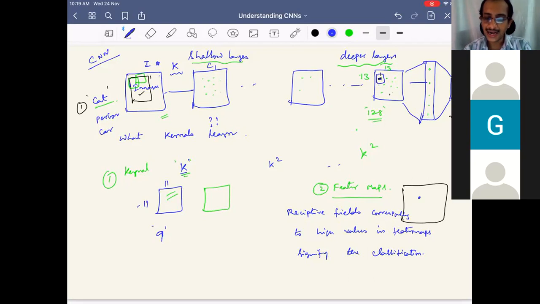For example, if it is capturing the eye region, the high values in the activation in that feature map will be capturing the eyes all the time.